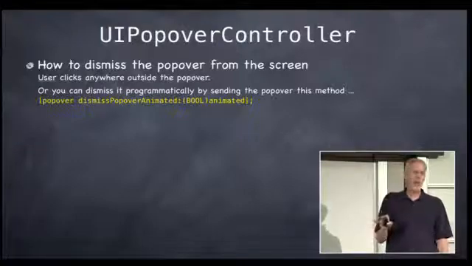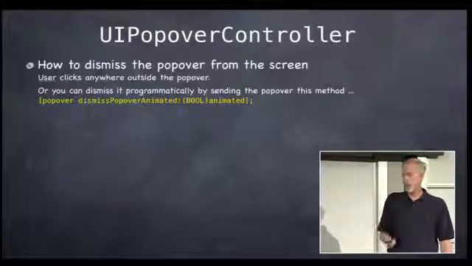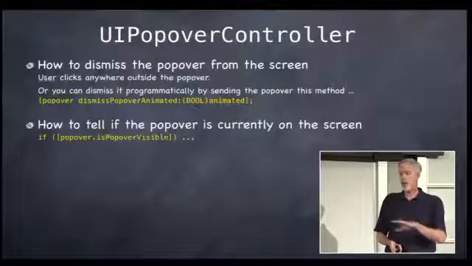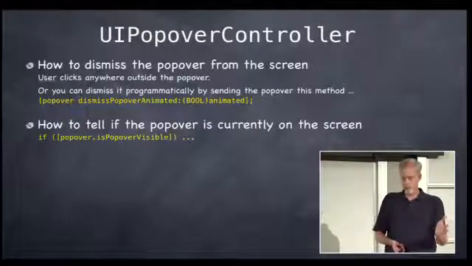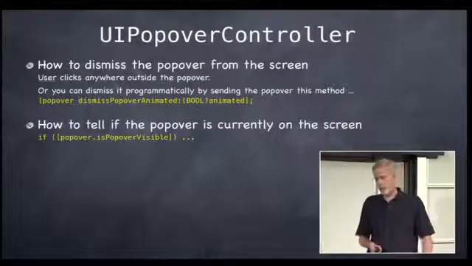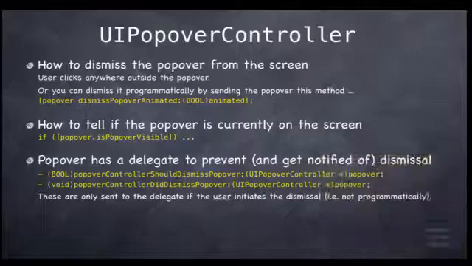There's a bunch of API in popover, in the delegate, etc. Well, we'll get to that in a second. First of all, how do we tell if the popover is on screen? It's got a property called is popover visible, and that'll tell you whether the popover is on screen. The popover has a delegate to prevent and get notified of dismissal. So sometimes the user might touch somewhere and you don't want it to go away.